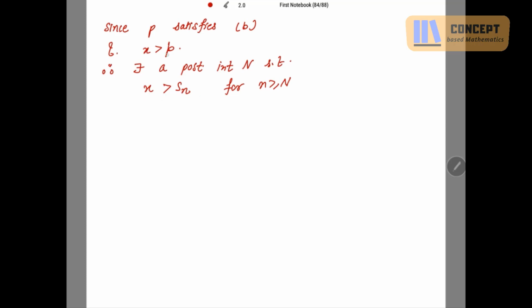If X is greater than P, then X is greater than Sn, right? P is satisfying the B part.